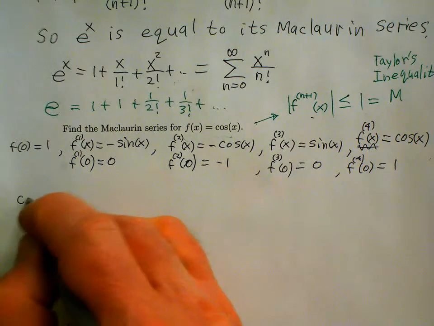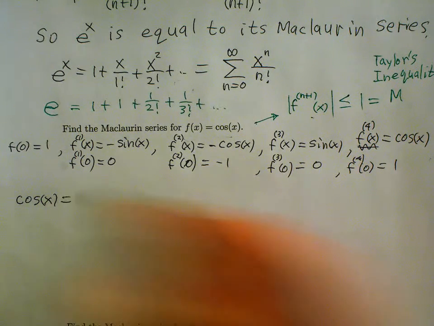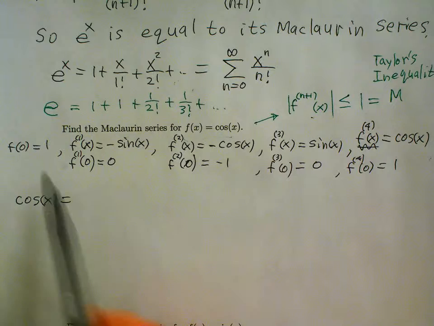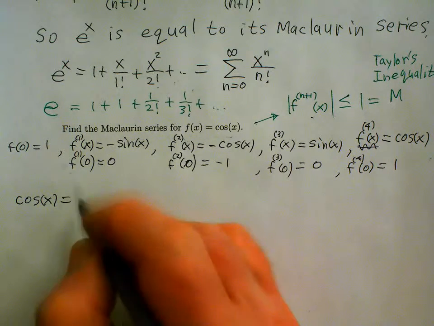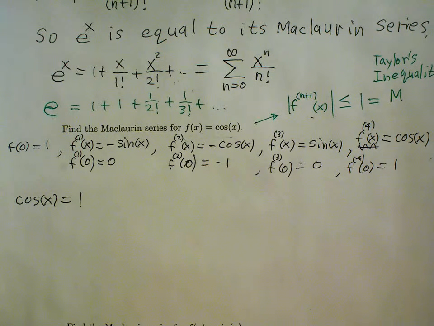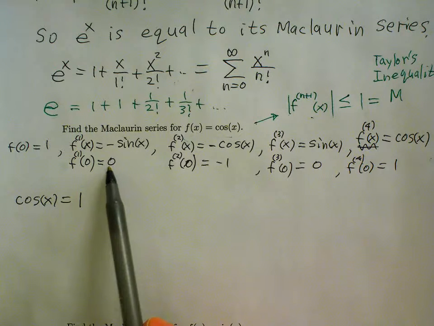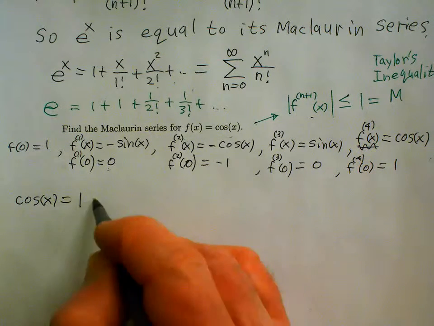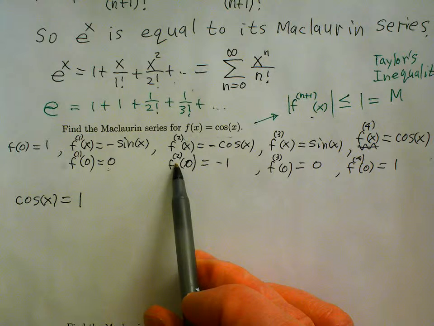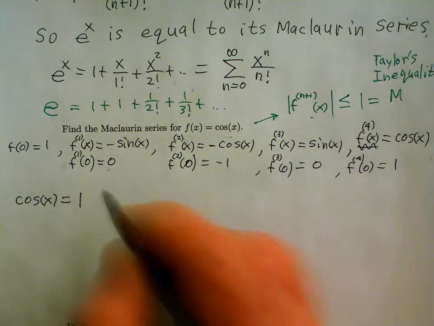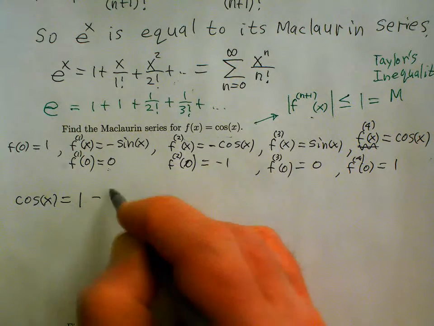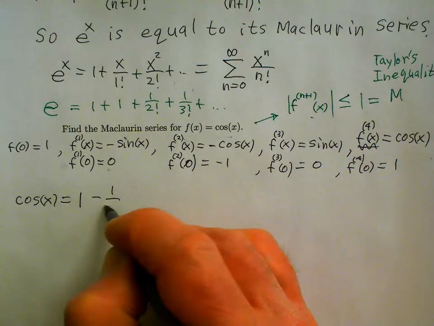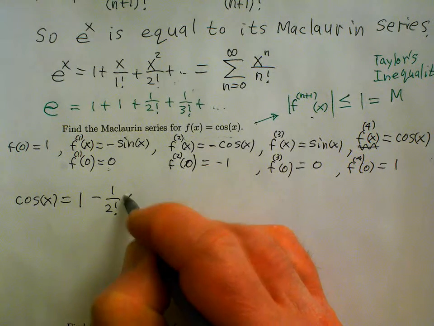Okay, so cosine of x is equal to its Maclaurin series. The first term, f of 0, equals 1. The next term is 0. And then for n equals 2, the second derivative evaluated at 0 is negative 1, so we get negative 1 over 2 factorial times x squared.